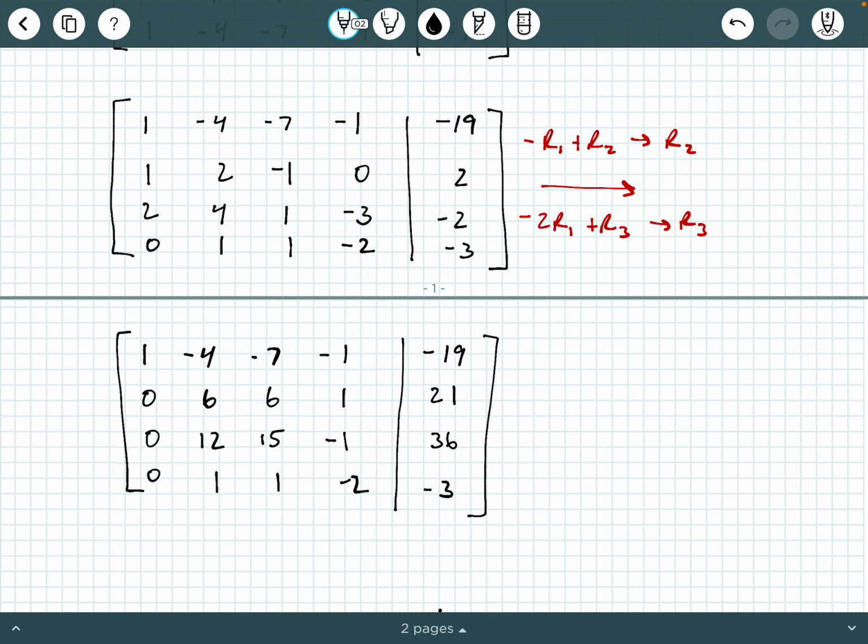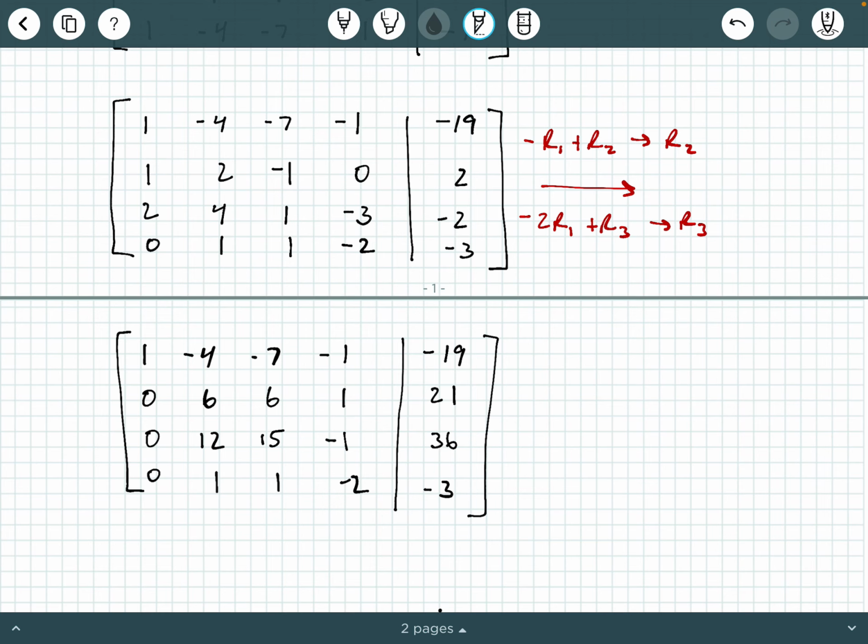I'm just double checking some things, to make sure we didn't make any boo-boos. Let's see. Negative here is 0, and then positive 4 plus 2 is positive 6. Positive 7 minus 1 is positive 6, 1, and then 19 plus 2 is 21.